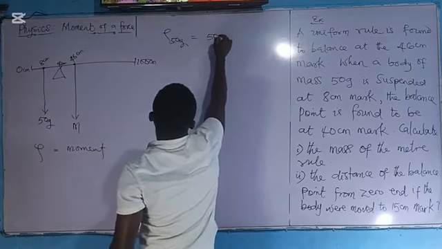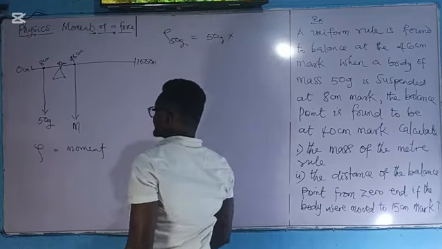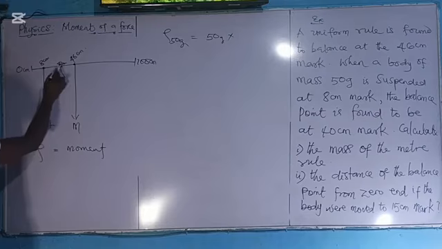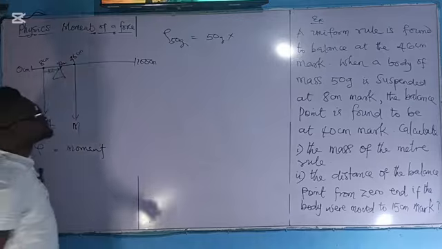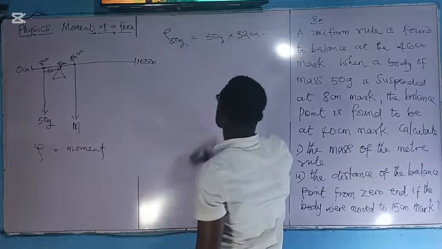It will be 50 grams times the distance from the turning point. It should be the difference between 8 and 40, which will give 32 cm. So it should be 50 grams times 32 cm.